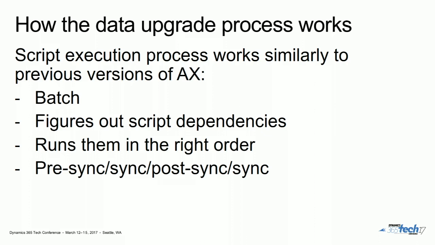They have dependencies, much like previous versions did in their data upgrade. Very, very similar. In the next session, we'll talk in more detail about what different kinds of scripts there are and how to write them.